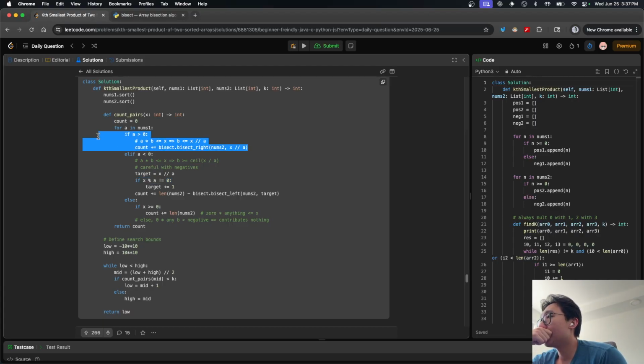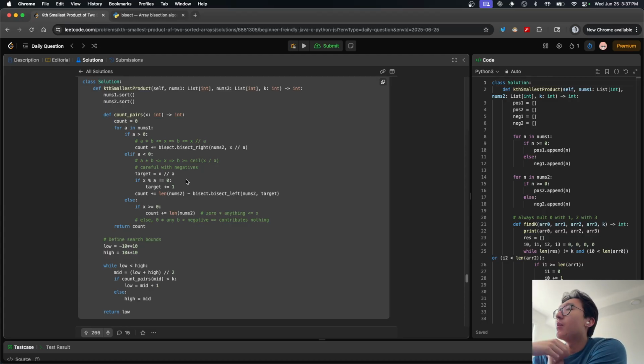Is it because we're not using it here? Oh my god, this mod is not equal to zero. And okay, then we're taking the ceiling. I don't know why we didn't take the ceiling in the previous one, but okay. So count plus equals. Okay, so we need to bisect to the left of that one.